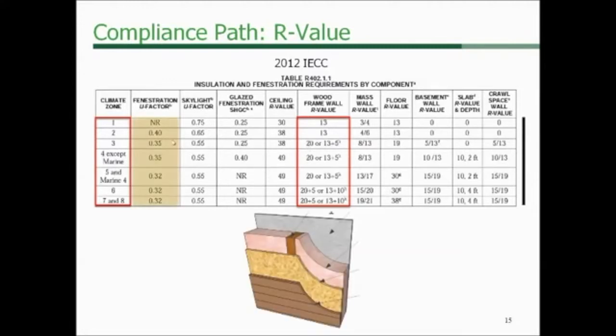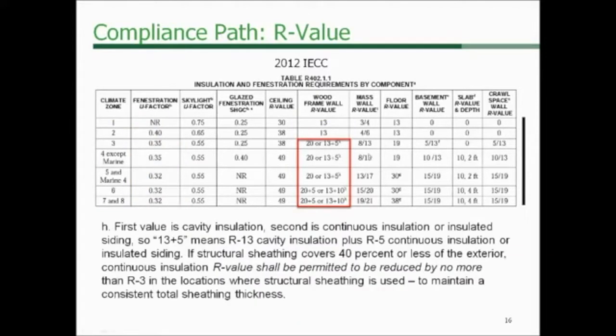You'll also notice that the fenestrations are labeled in U factors because they're assembly, and that there's no requirement in climate zone 1. Okay. Also, in these R value tables, there's this famous footnote H.